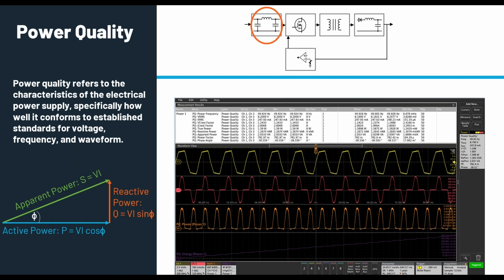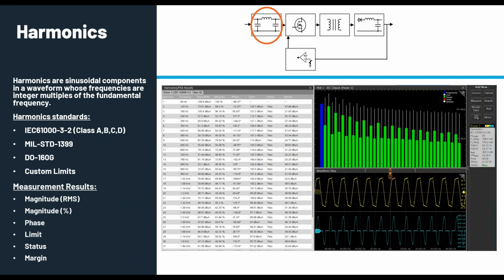So this can be done automatically, and you get to see a lot of insights into the power quality. Next, I will talk about the next measurement, which is harmonics.